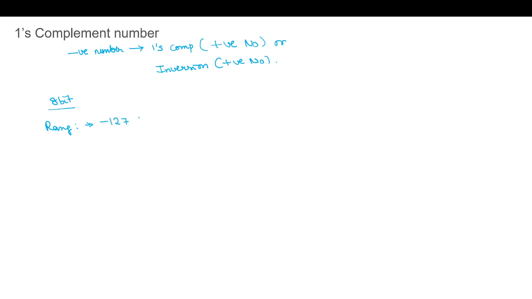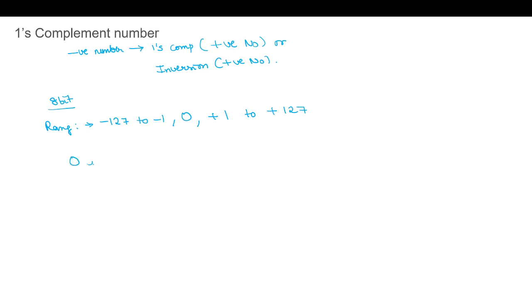One's complement number. Any negative number can be converted to one's complement form by taking the one's complement of the positive number, which is the inversion of the positive number. And if you consider an example for 8-bit, the range will be from minus 127 to minus 1, 0, plus 1 to plus 127.